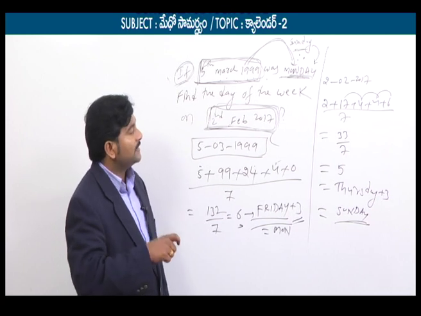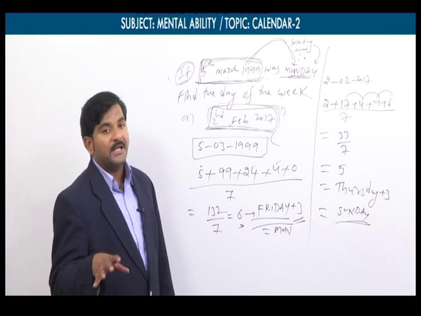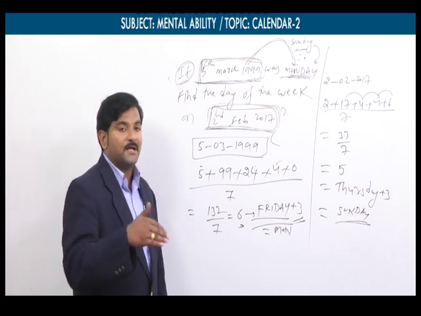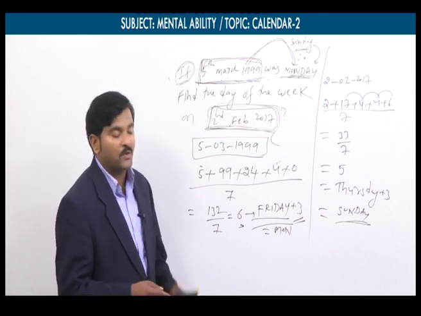In this model also, in the previous session I told, if the given year is a leap year and the given date falls in the month of January or February, simply we need to subtract 1. Just focus on that. Okay.